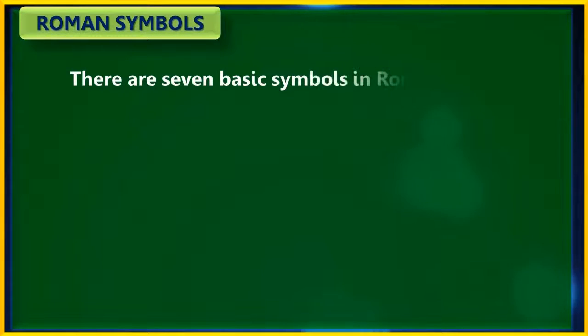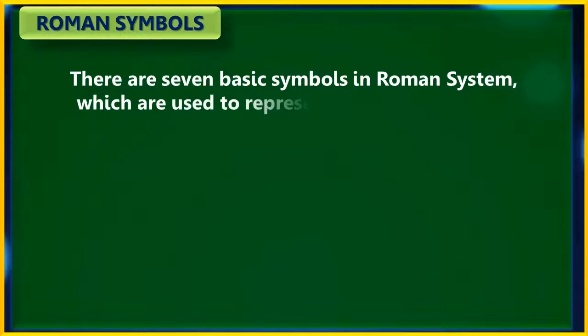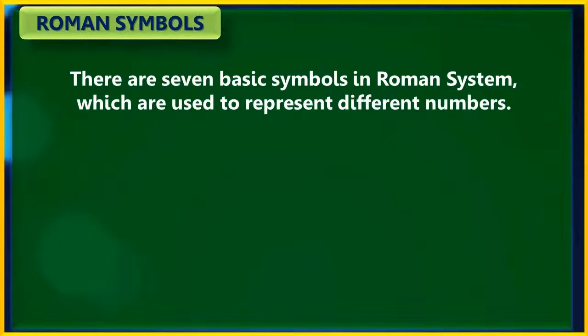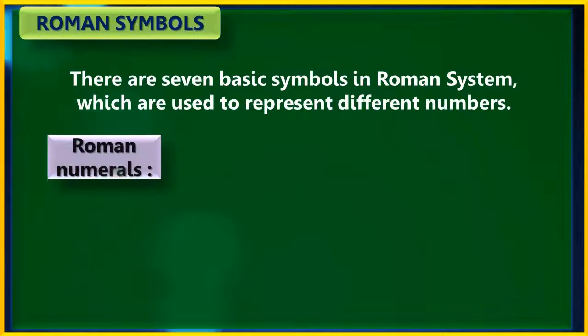Roman symbols. There are 7 basic symbols in the Roman system, which are used to represent different numbers. The table shows basic symbols used in the Roman system and the corresponding Hindu-Arabic symbols.